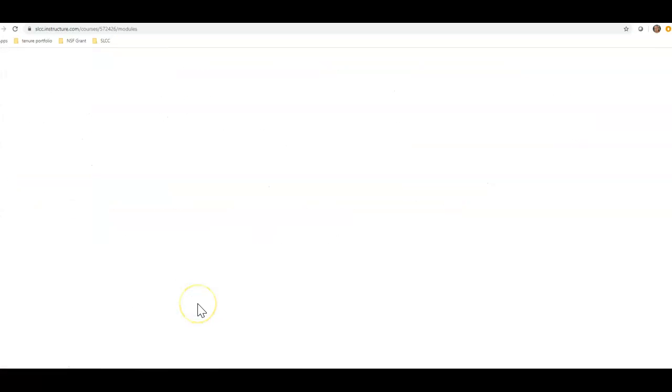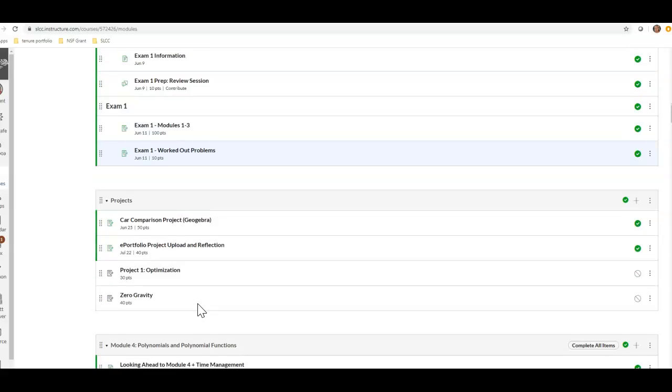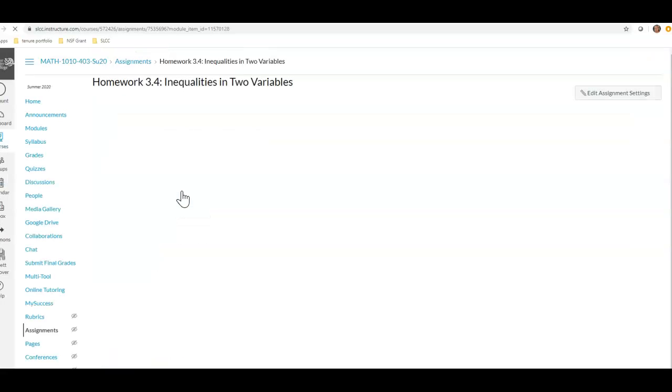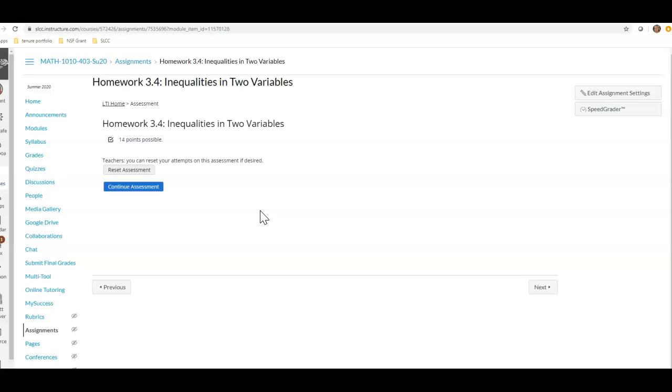Let's look at the assignment really quick because I just want to make sure it's clear for everybody on what you need to do on these ones where there's the two equations.